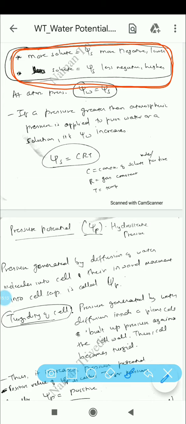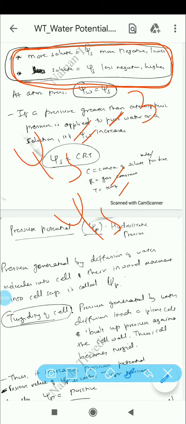If I take psi s for one solution as -3 and for another as -5, remember that if psi s is more negative, it has more solute. If it has less solute, it is less negative.